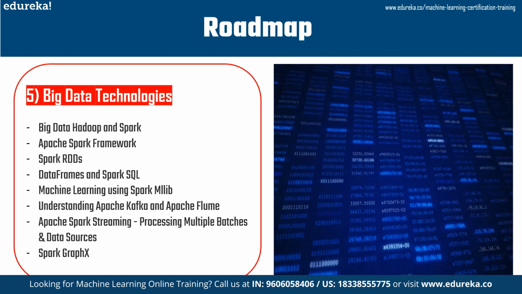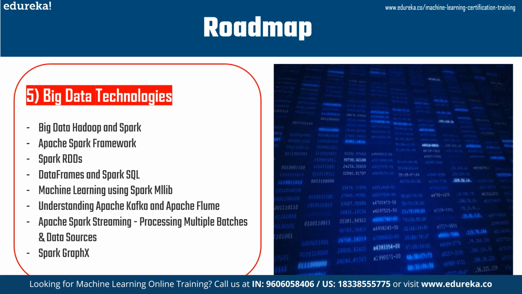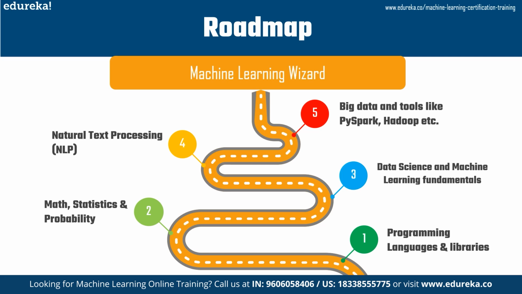Before we actually move on to the last section of the video, let's quickly recap. The first step is to learn some of the programming languages. We recommend Python, and it has great libraries for machine learning. Then learn the math needed for machine learning. We went over that as well. The third step is to learn the data science and machine learning fundamentals, algorithms, techniques, and do some hands-on projects.